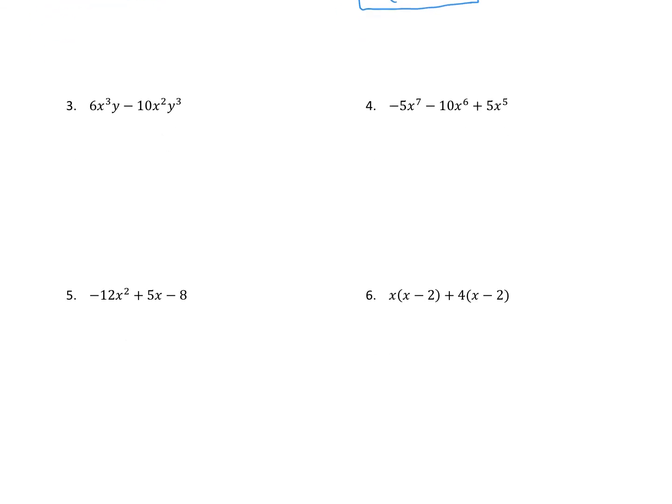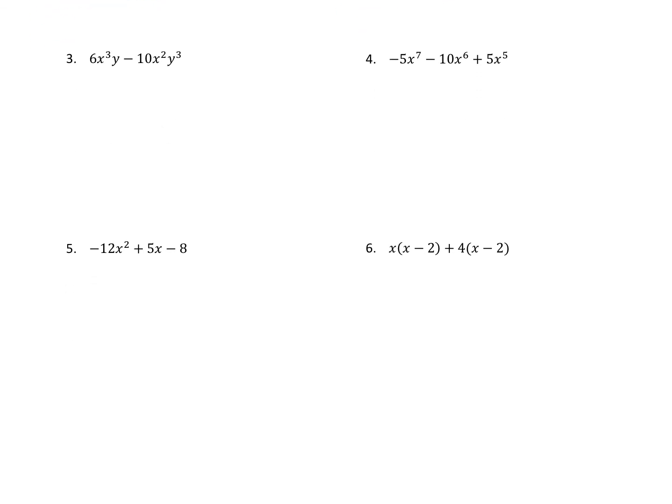All right, number 3. We're going to state the GCF first. Okay, so let's say I think the GCF is 3. Now, it's not. I'm going to get it wrong on purpose, but let me just show you something.